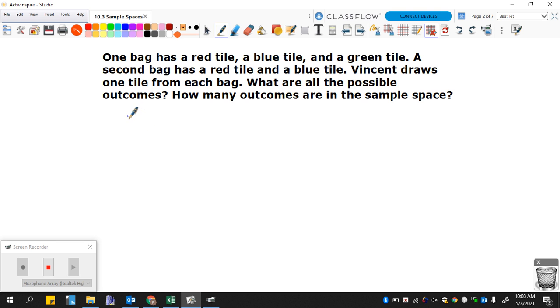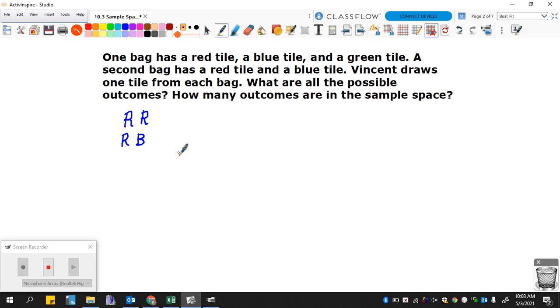Well, suppose he draws a red one first. If he draws a red one out of the first bag, then on the second one, he can draw either another red one, or he can draw a blue one.